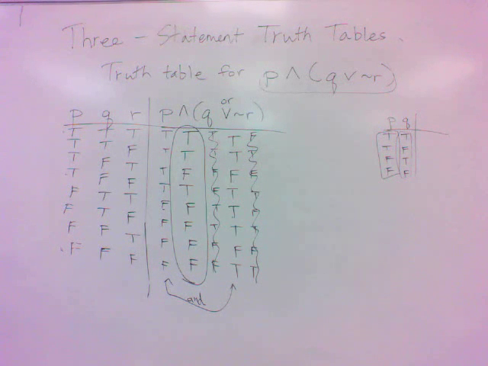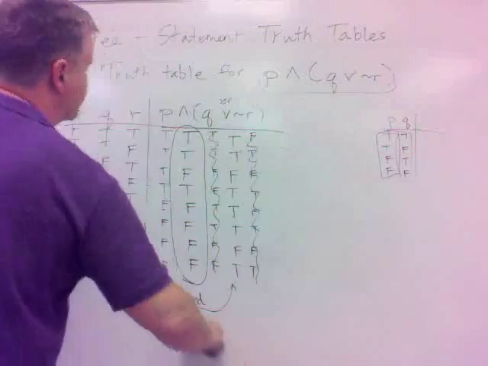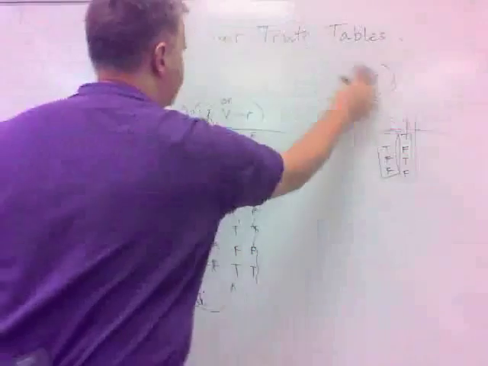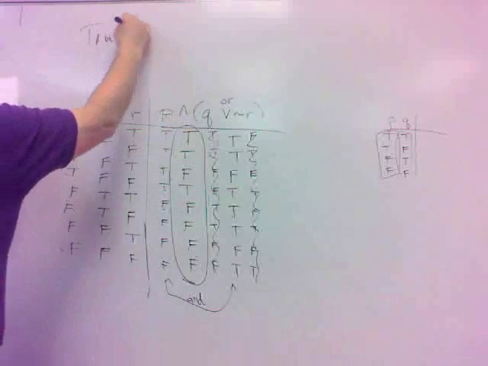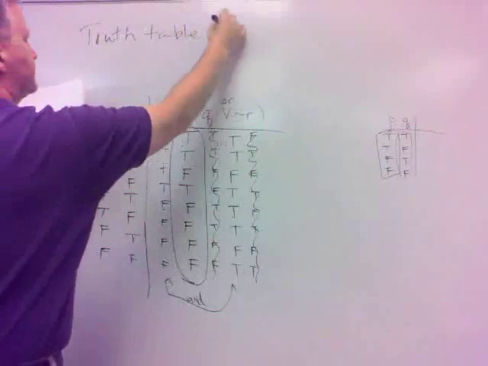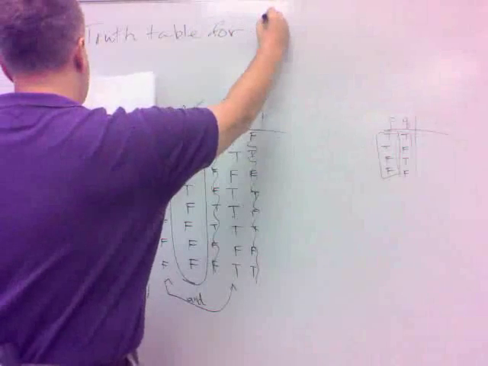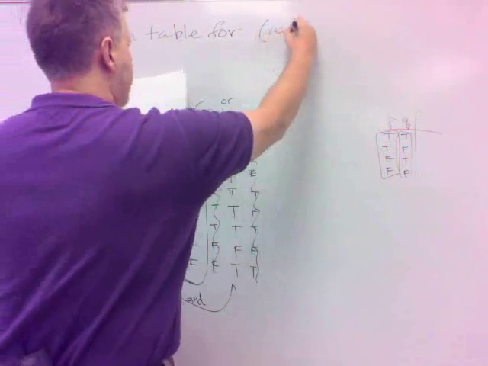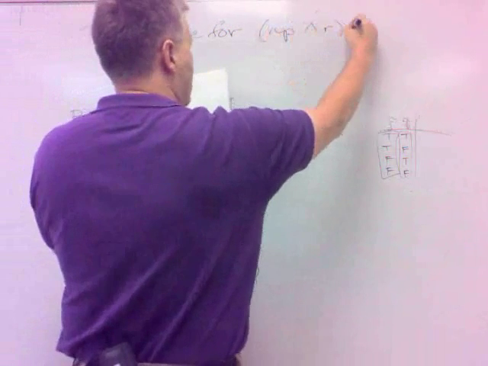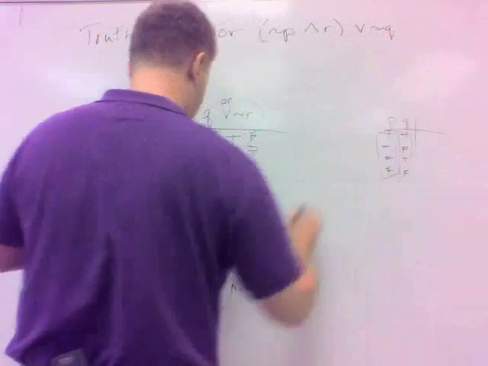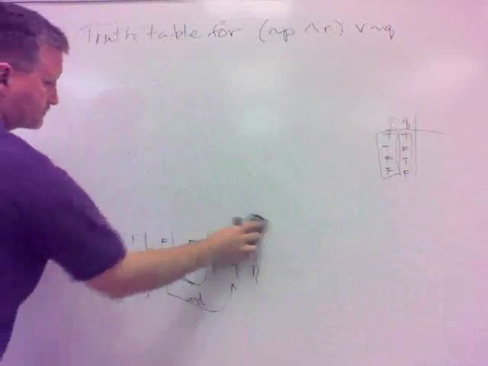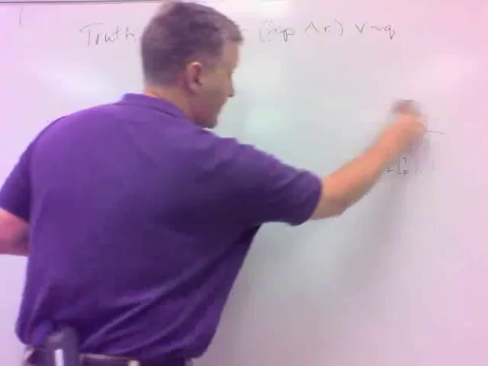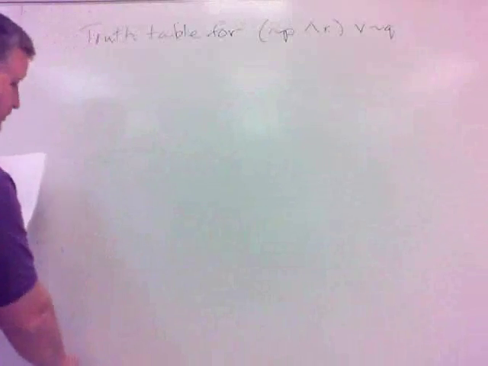Let's do another one. See if we take it from the beginning here. All right. So let's do a truth table for not P and R or not Q. So again, we've got P's, Q's, and R's.